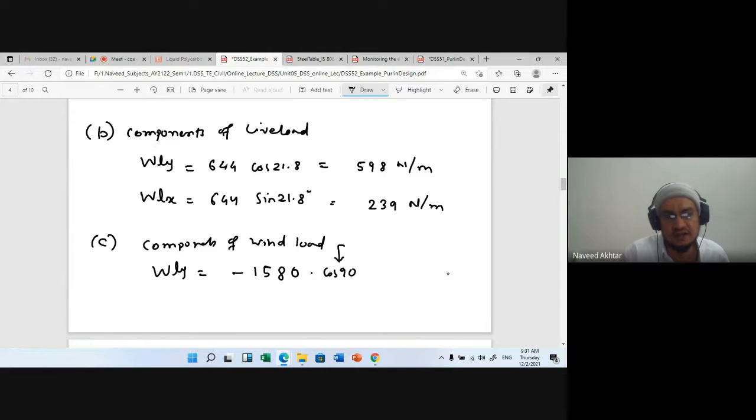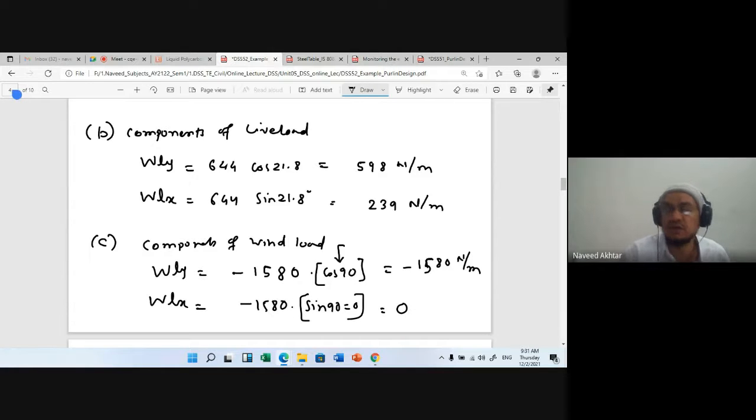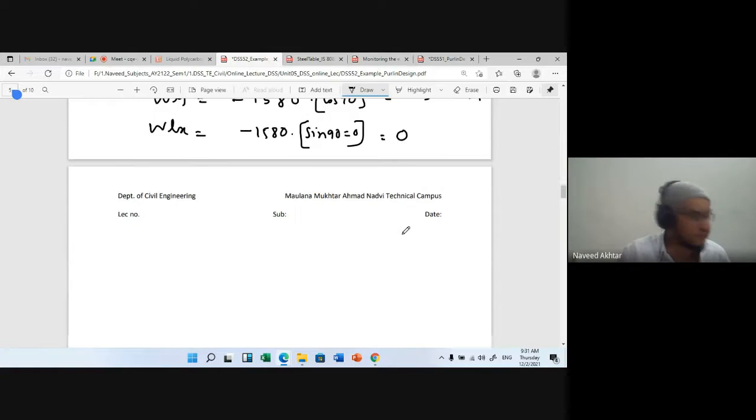It is perpendicular, so it is minus 1580 Newton per meter. And for the horizontal component, sine 90 is 1 but cos 90 is 0, so the whole term will be 0. There is no horizontal component in the case of wind load.